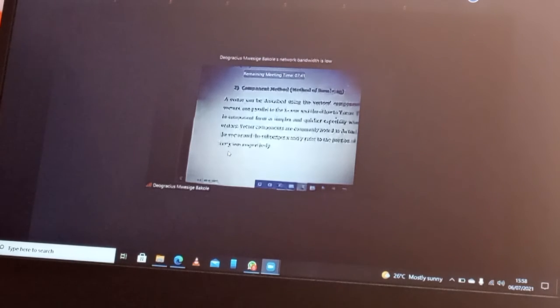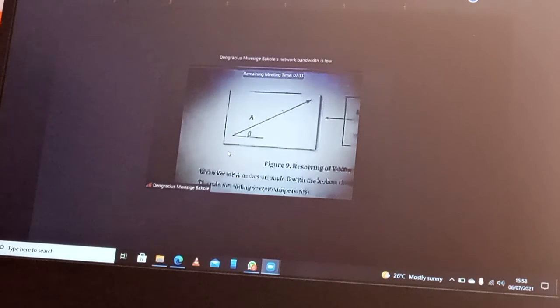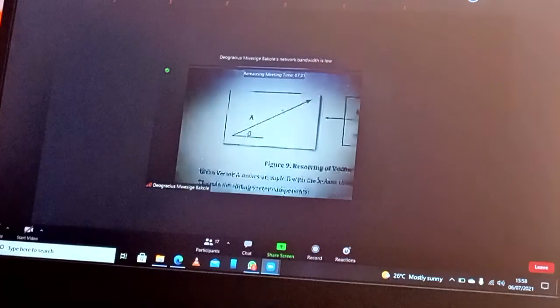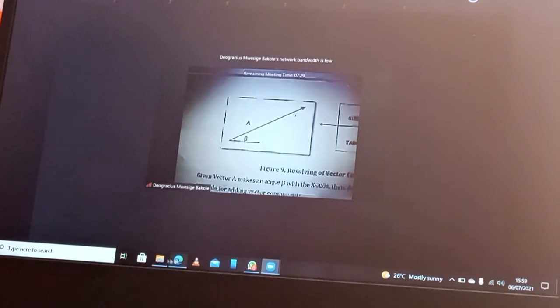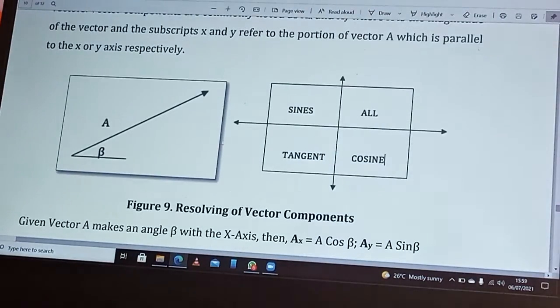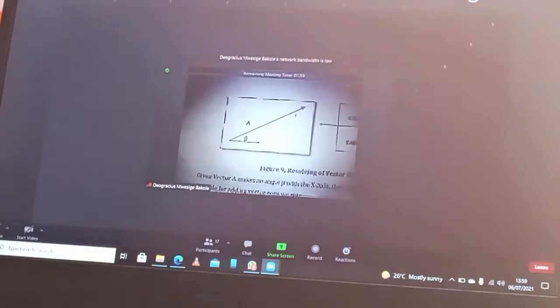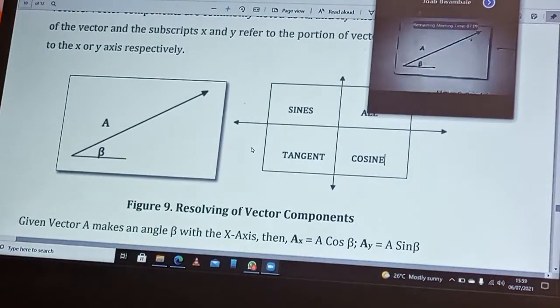So in terms of the x and y components, where you have a force A acting at an angle B, then we will get the component of A in terms of x, then in terms of y. You remember this rule, which one falls in which.